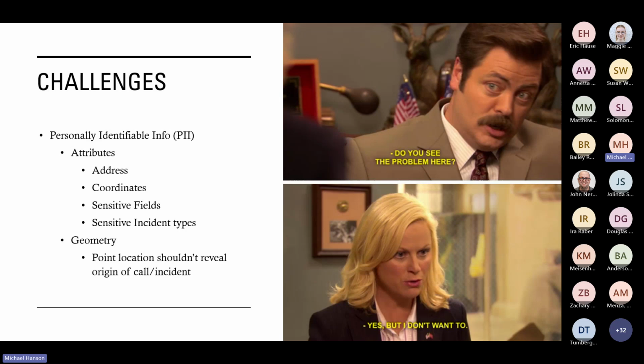There are some personally identifiable attributes such as address, even the coordinates. There are some sensitive incident types that we don't want everybody to know about, such as, maybe something that's not criminal but medical. A number of different kinds of issues that might result in a call to 911.